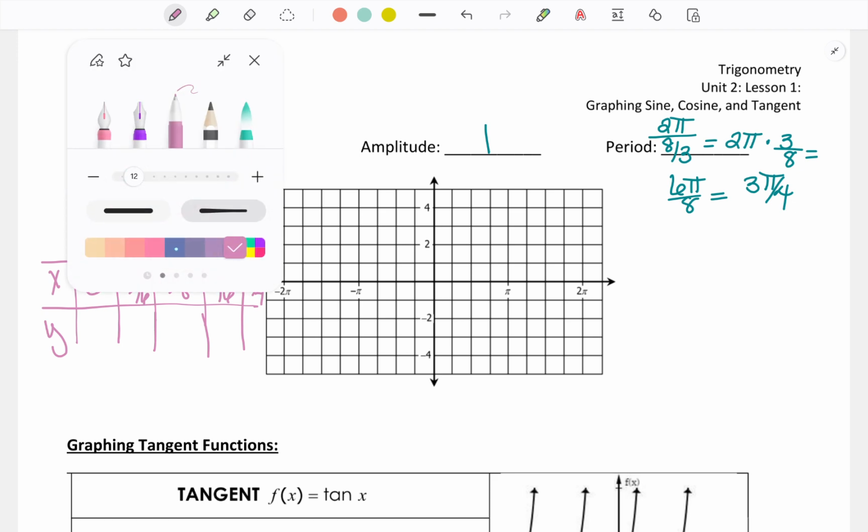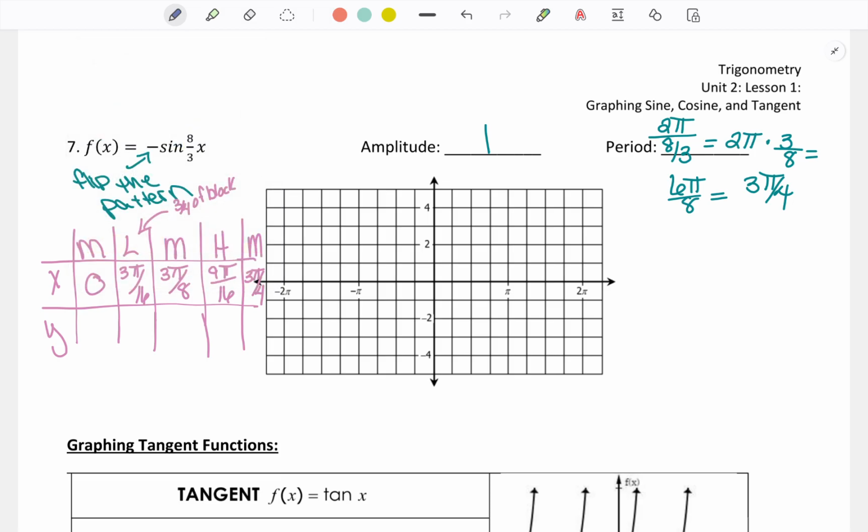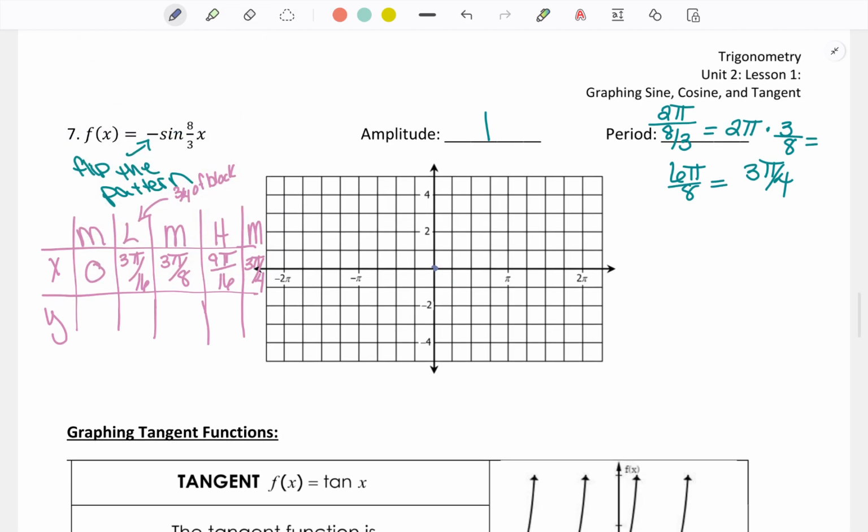So let's go ahead and mark out that period. So we're going to hit the middle every 3 blocks to get to the end of our period. And then half of that is a block and a half. So we are going to hit the middle again every block and a half.